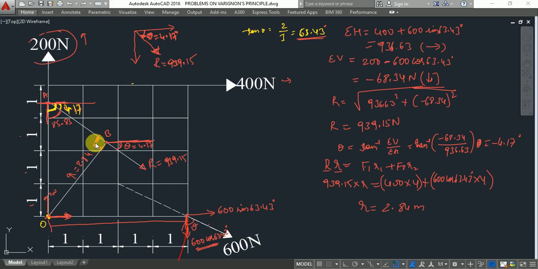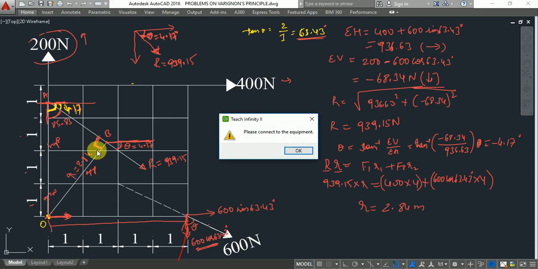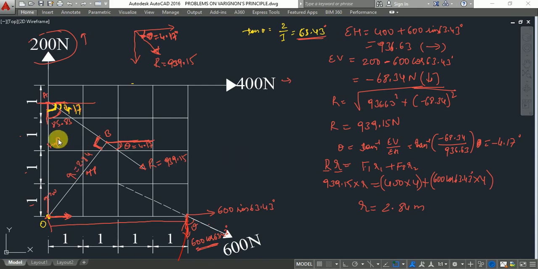Anything opposite to the 90 degree angle is taken as the hypotenuse, and anything opposite to the known angle is taken as the opposite. This is the known angle. Opposite to this is the opposite side, and opposite to the 90 degrees is the hypotenuse. From triangle OAB, what can I do?